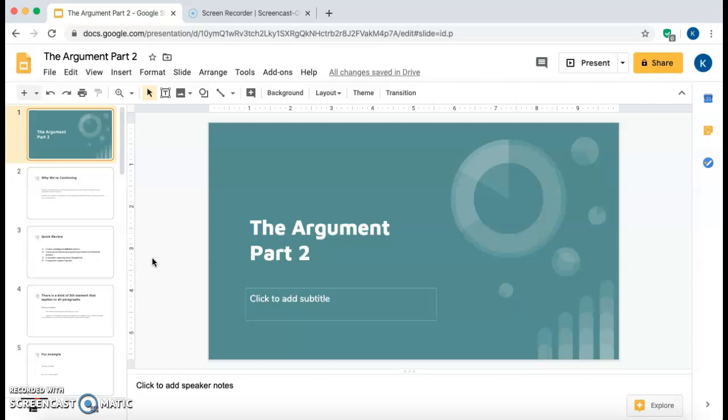Today, we're going to be continuing talking about the argument paragraph. I wanted to touch back on this particular writing style and really dive in and go a little deeper into our discussion from last week, and really focus in on what an argument paragraph or an argument paper is and why we need to really get adept at writing these kinds of papers.